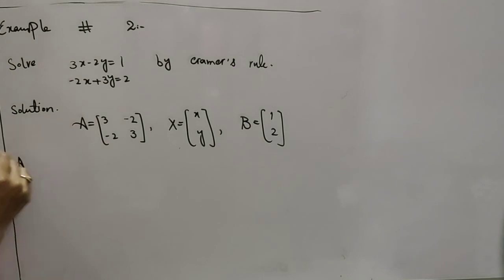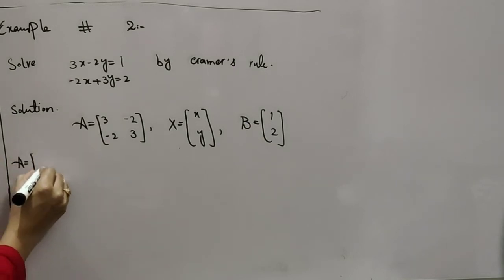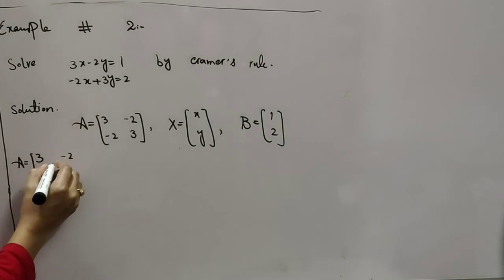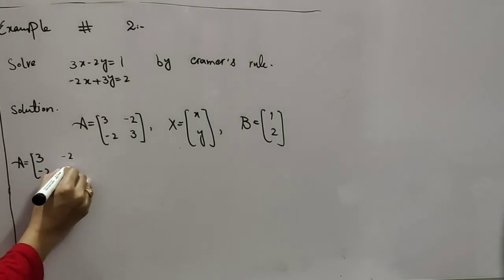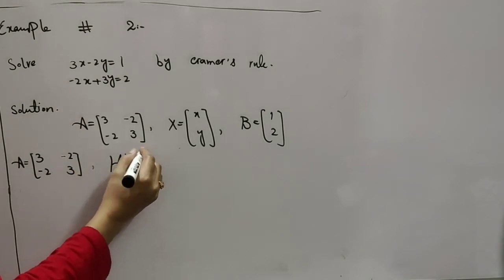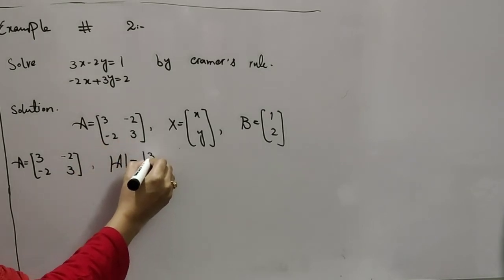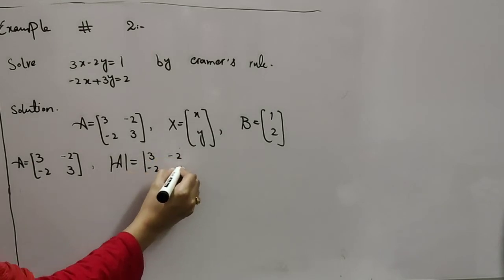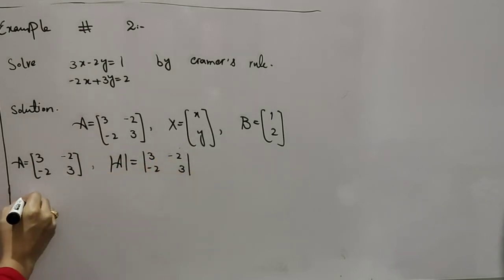Now we will find the determinants. A is equal to 3, minus 2 and 2, 3, and the determinant of A is equal to that.